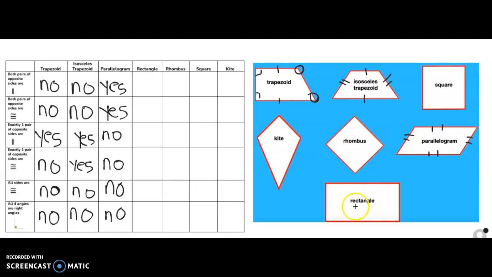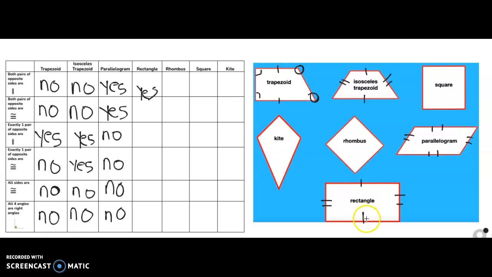The rectangle right here. Both pairs of opposite sides are parallel. Well, this one is parallel to this side, and this side is parallel to this side. So I'm going to put a yes in that one. And then both pairs of opposite sides are congruent, just kind of like the parallelogram. Yes, that is correct.